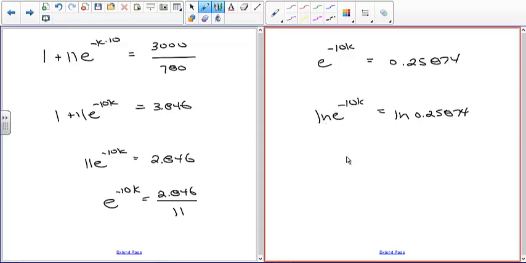So the natural log of e to the minus 10k is minus 10 times k. The natural log of 0.25874 is negative 1.3519. Divide both sides by negative 10. That solves for k. And you get 0.13519.